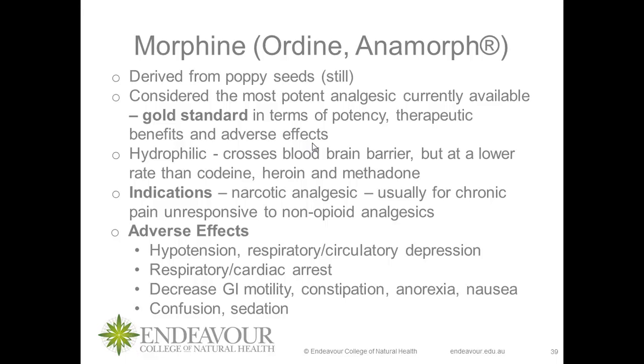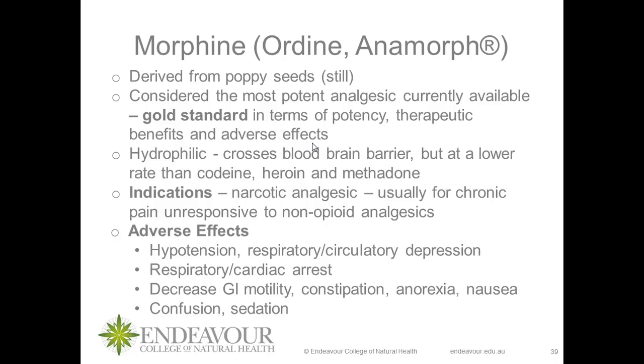So here is the list. This is for morphine, the golden standard to which other opioids either show less or more of that effect. But morphine is associated with that hypotension, respiratory depression, and circulatory depression. It is associated with respiratory arrest.